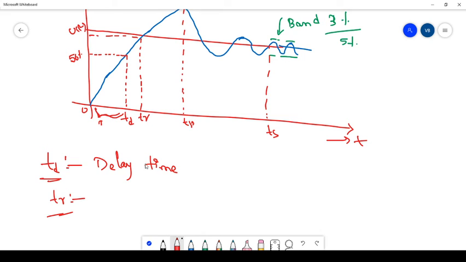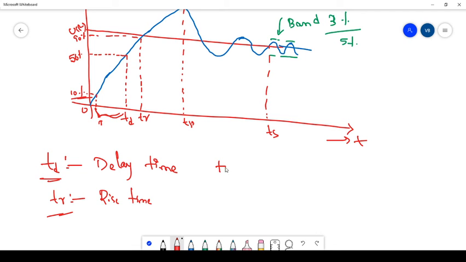How are we going to define rise time? The time taken for the output response to reach from 10% to 90% of its final value is called the rise time.